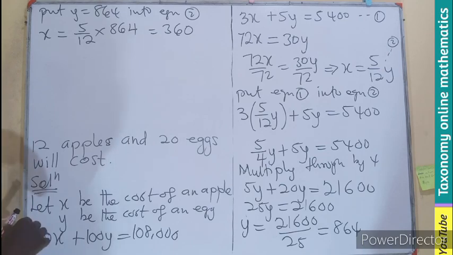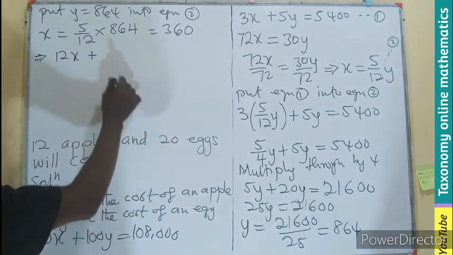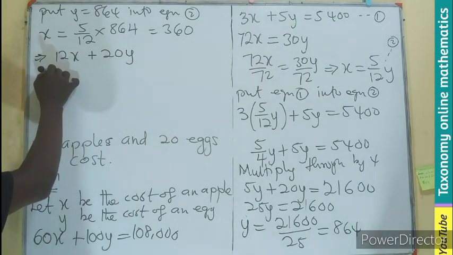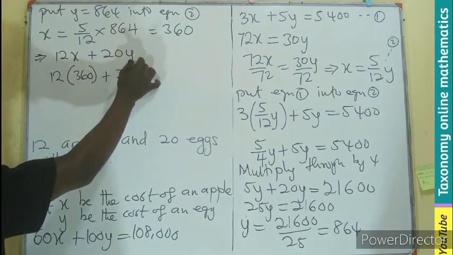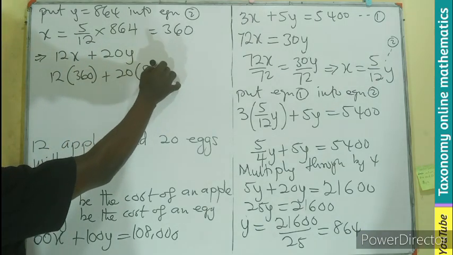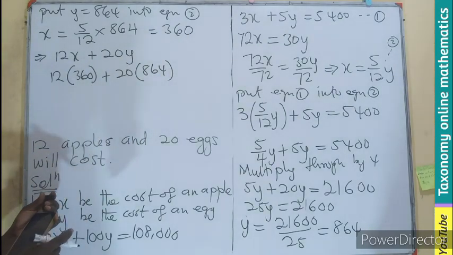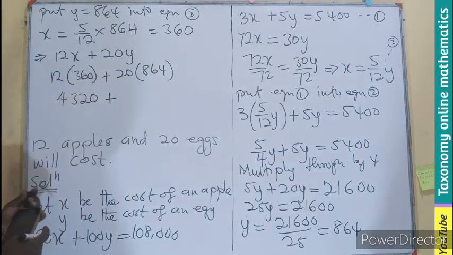But we are not looking for just the cost. We are looking for how much we are paying for 12 of the apples plus 20 of the eggs. So you only do 12 into bracket x, 360, 20 into bracket y, 864. We multiply this, and that will be 4,320.